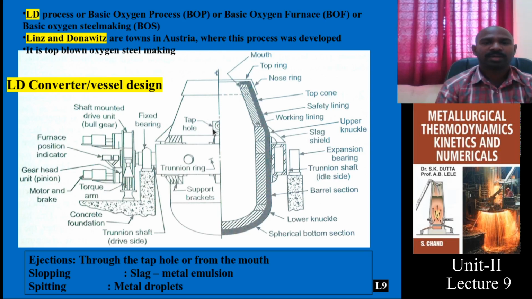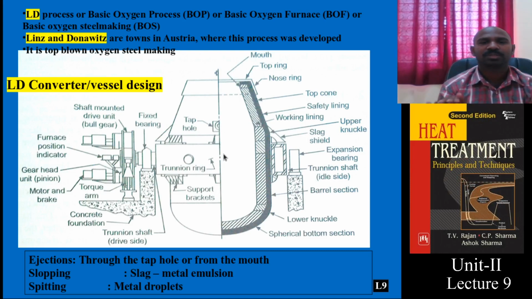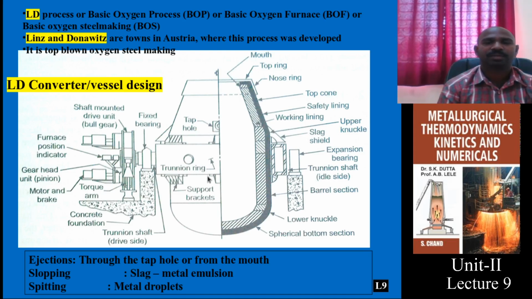Using this tap hole, after taking the molten pig iron and pouring it into this vessel, you allow the chemical reactions to happen on their own for about 1 hour. Then you tap the slag first, and after that you tap out the molten steel.